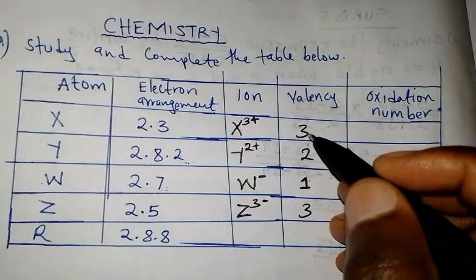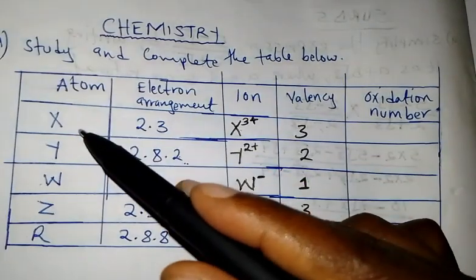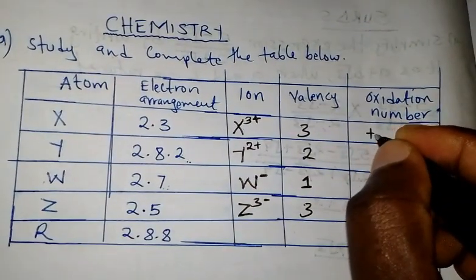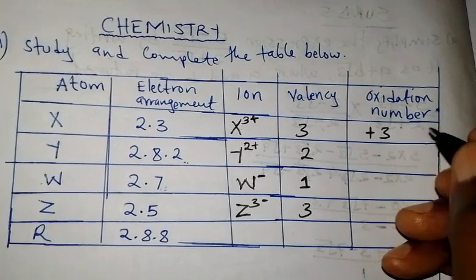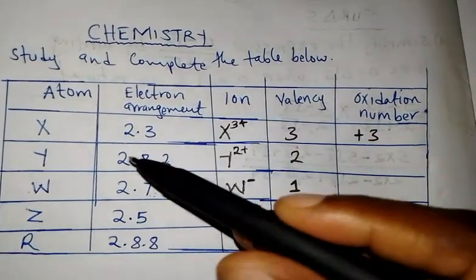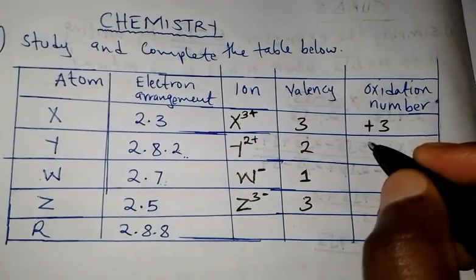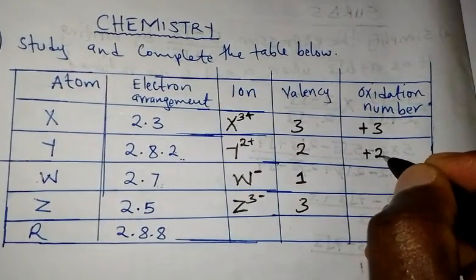So in this case, we have 3 electrons that the atom X lost. So the oxidation number for X will be positive 3 because it is losing the electrons. The atom Y, the oxidation number for atom Y, it lost 2 electrons, so we'll have it as positive 2.